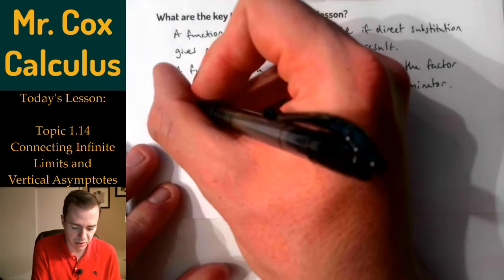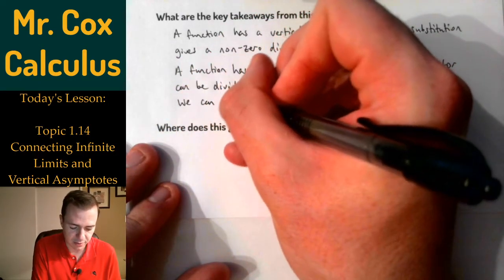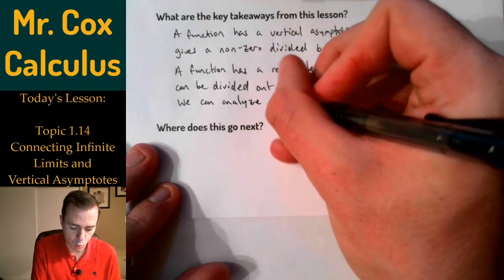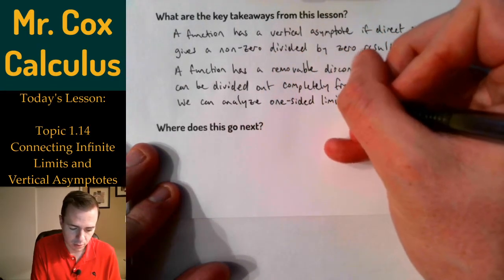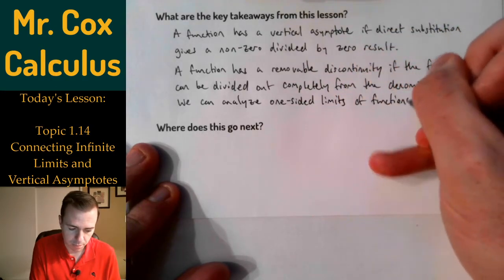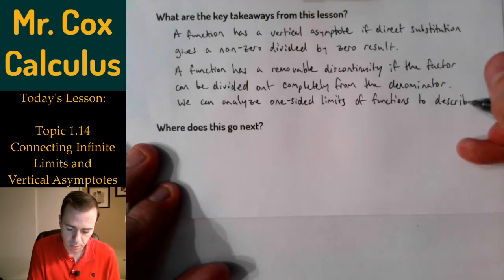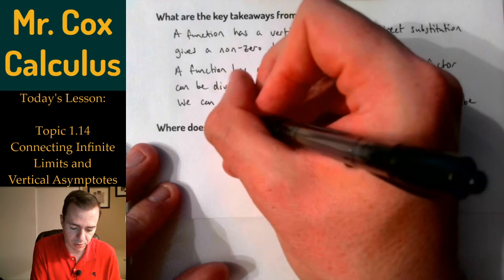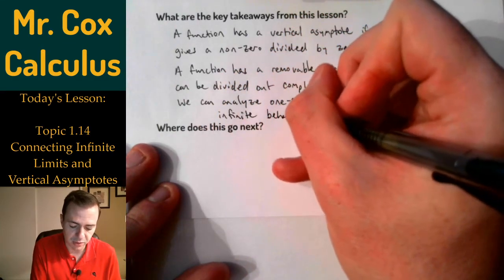And the last thing we really focused on in this lesson is that we can analyze the one-sided limits of functions to describe this infinite behavior. So when we have vertical asymptotes, the limit may not exist.